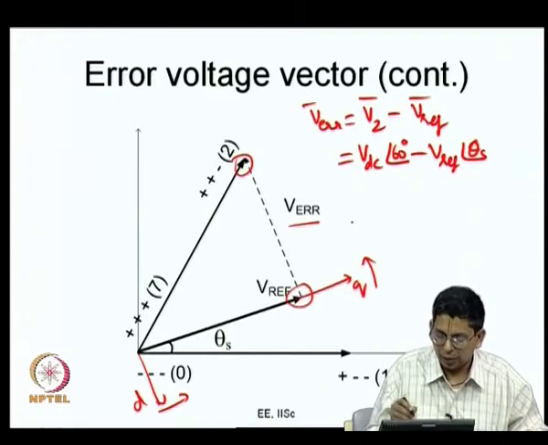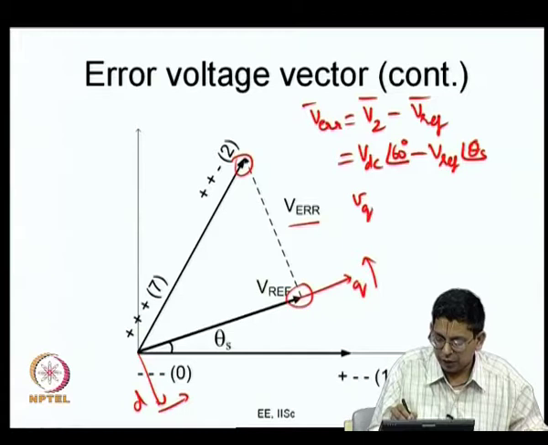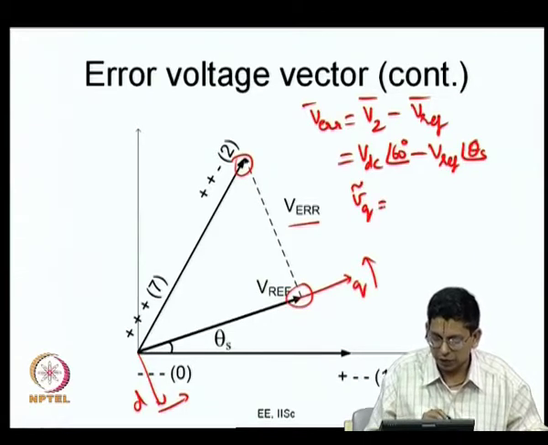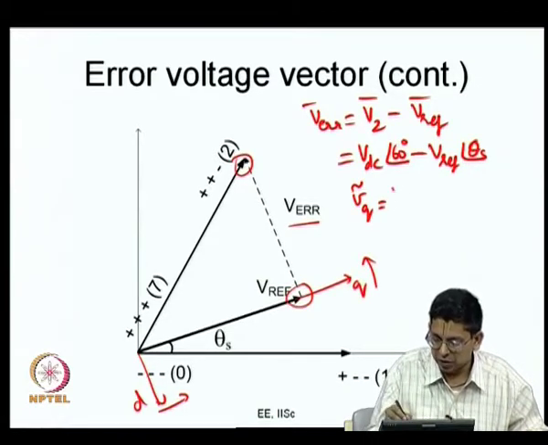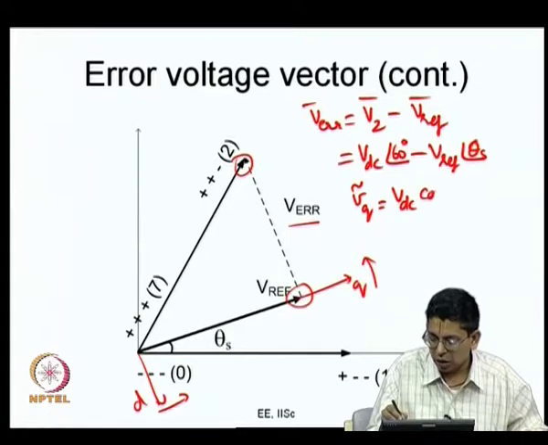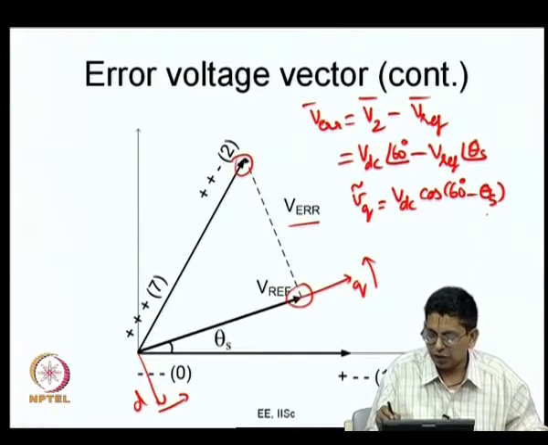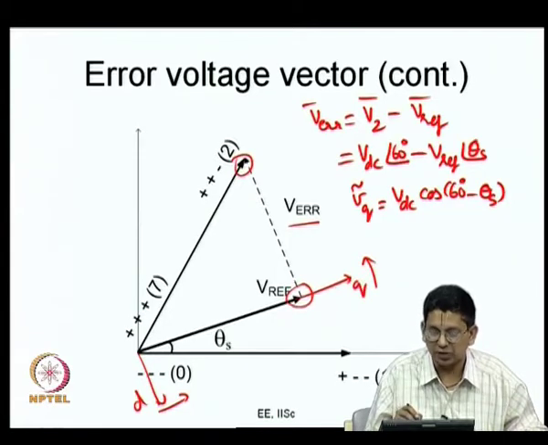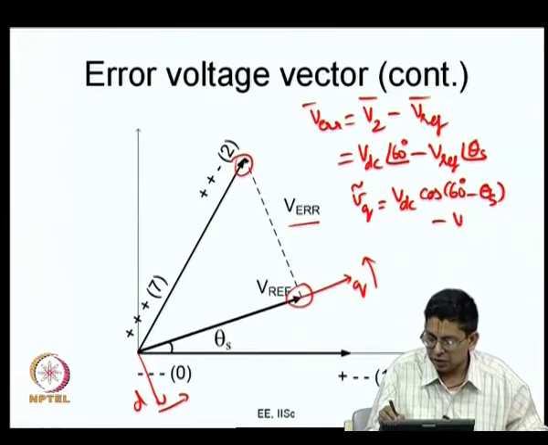All right. So, let me go further. I can write my VQ tilde and VD tilde as before. And what is VQ tilde? VQ tilde is VDC times cos of 60 degree minus theta s. This is the component of the applied voltage vector. The applied voltage vector is VDC cos 60 along the q axis, so minus V reference.